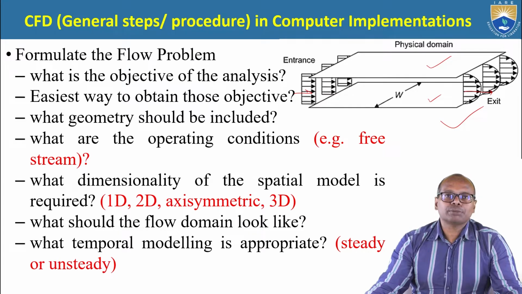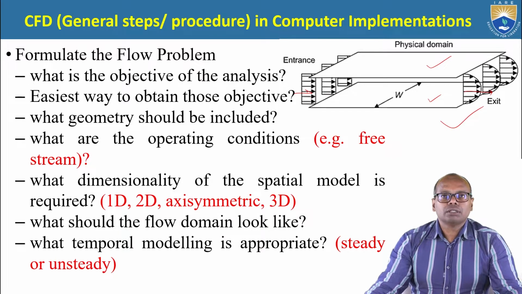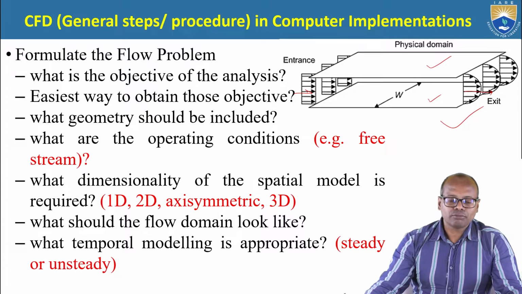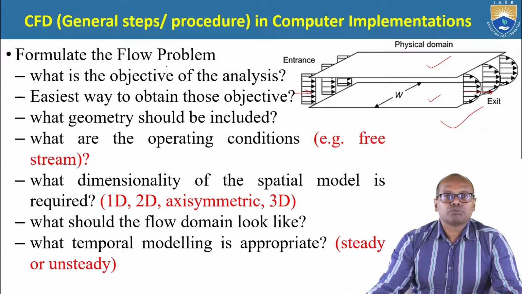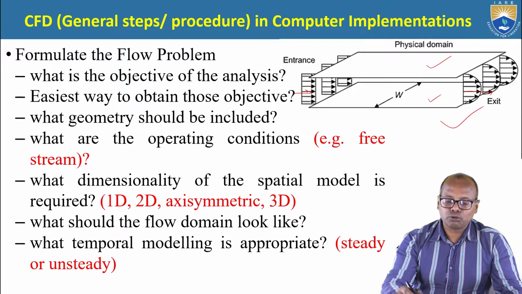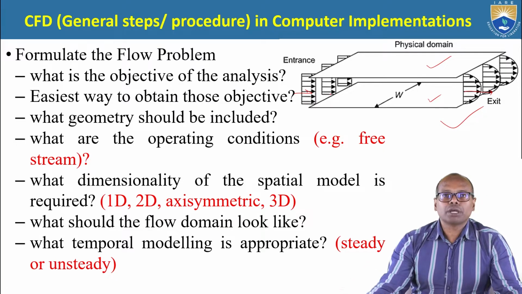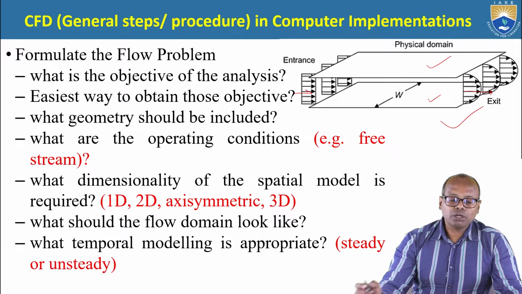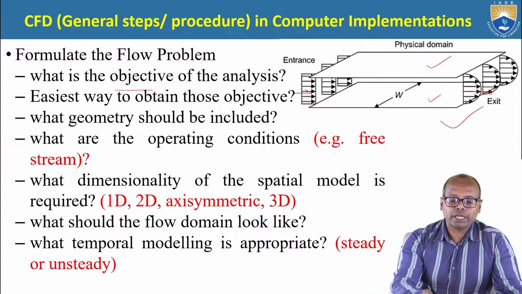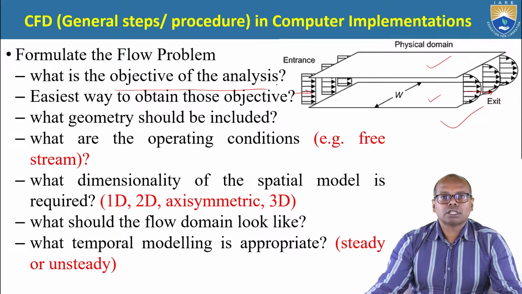Now the first aspect of the CFD process is to formulate the problem. First we have to identify exactly what the problem is. Here the problem is the flow between the two parallel plates. So what do we have to analyze in this particular scenario?